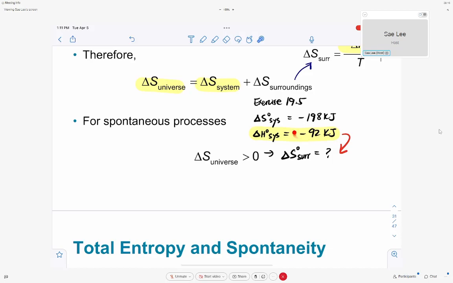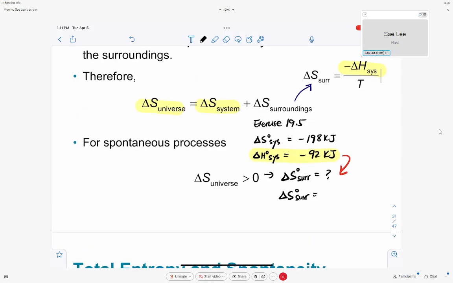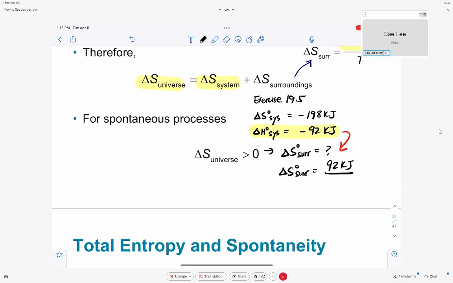Whatever heat released by the system is absorbed by the surroundings. So now the delta S of the surroundings is equal to positive 92 kilojoule divided by temperature 298. It was given as 298.